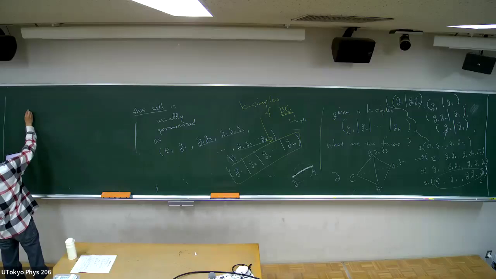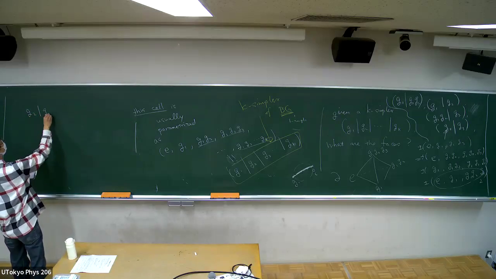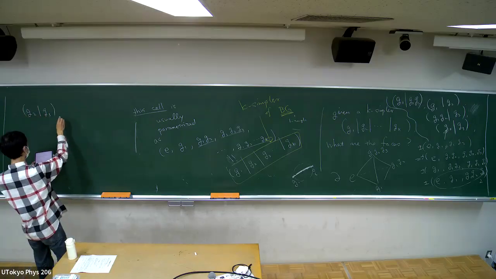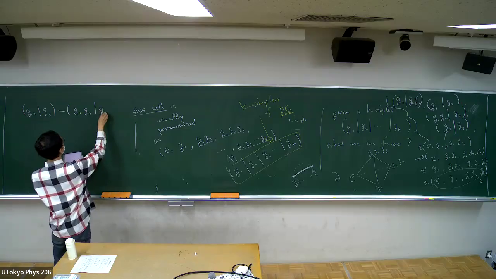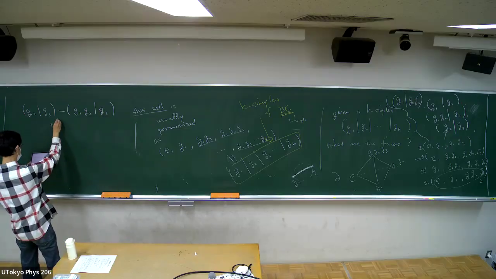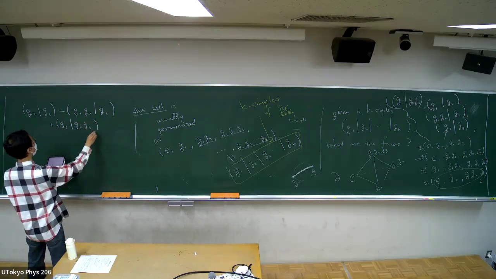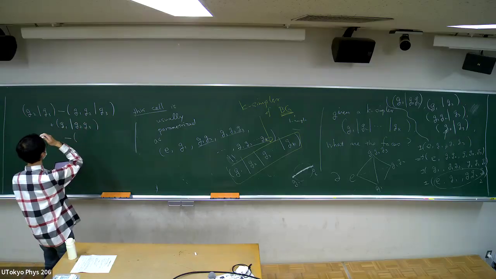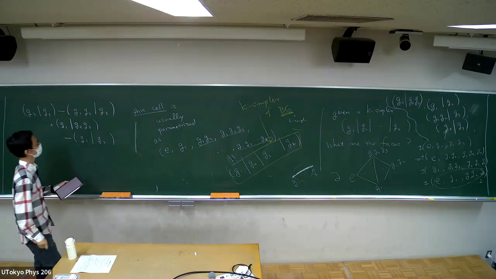But the correct sign is G2, G3 plus G1, G2 G3 minus G1 G2, apparently.